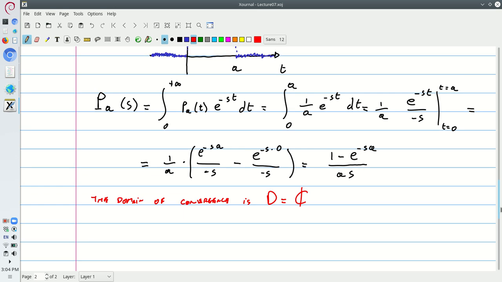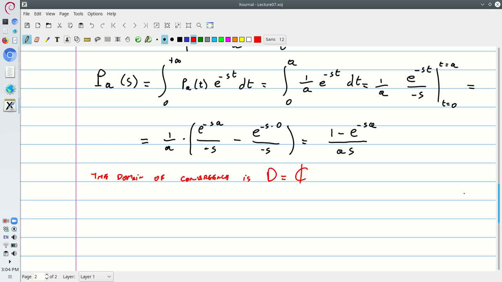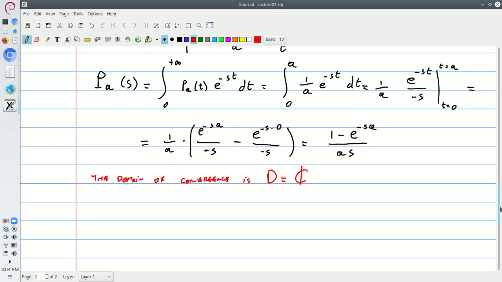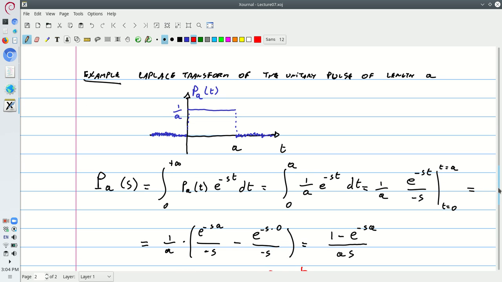The reason why I have introduced the unitary pulse is that it allows us to deal with certain entities that are not functions. So what happens when a goes to 0? The time when this pulse happens gets shorter and shorter, but 1 by a goes to infinity, so this pulse becomes bigger and bigger in height.